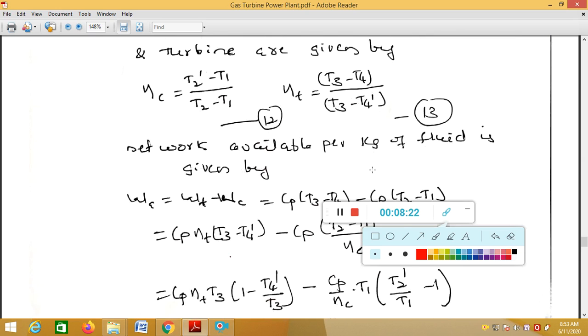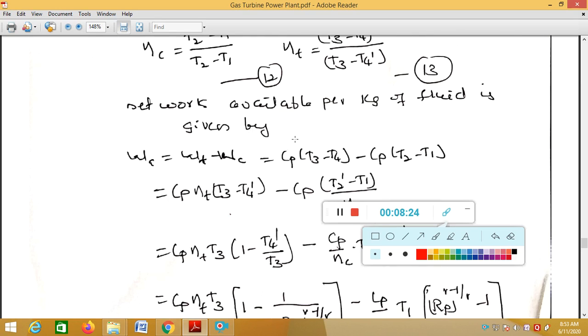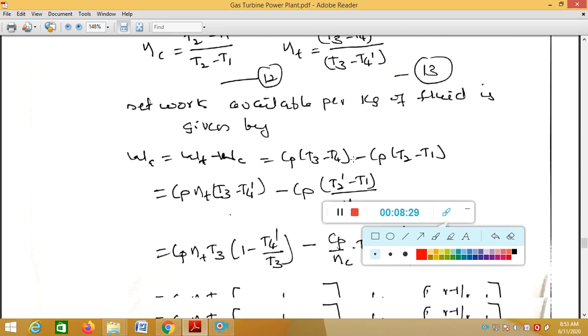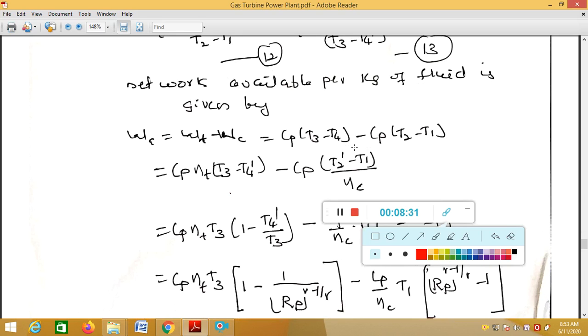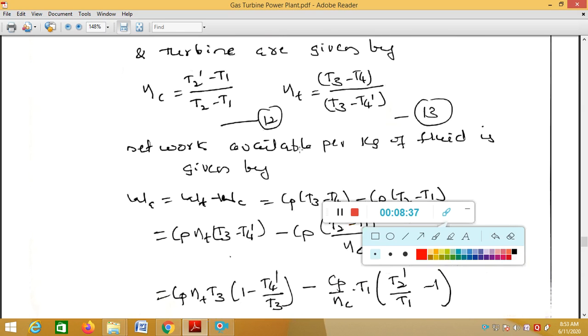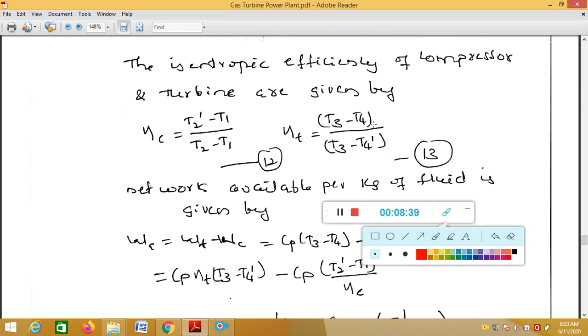Equation 13. So net work available per kg of fluid is given by W equal to Wt minus Wc, equal to Cp (T3 minus T4) minus Cp (T2 minus T1). What is T3 minus T4 from this equation? T3 minus T4 equal to eta T (T3 minus T4 dash).